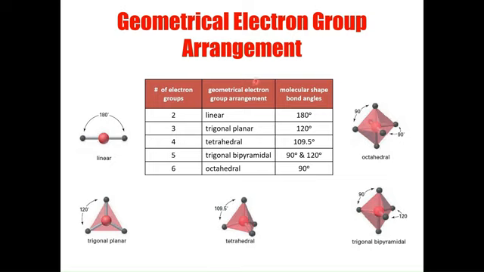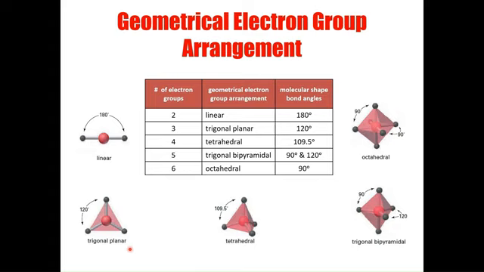So if these are geometrical electron group arrangements, what are molecular shapes? Well, first it's important to note that the same geometrical electron group arrangement can have more than one molecular shape. Let's take another look at trigonal planar. Trigonal planar has its geometrical electron group arrangement based off of its three electron groups taking this triangular shape, hence the name trigonal planar.